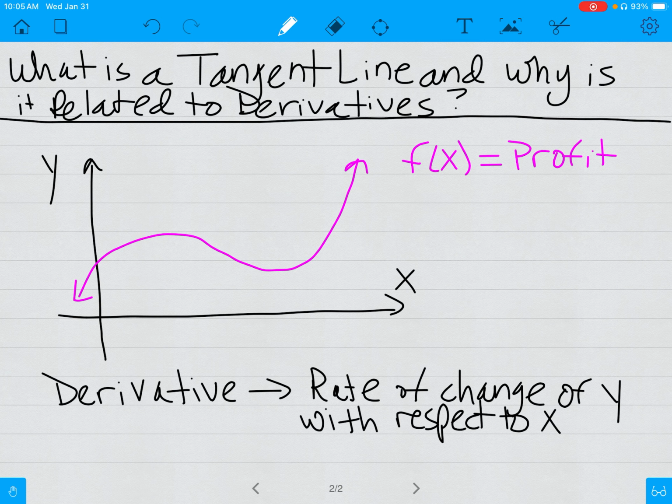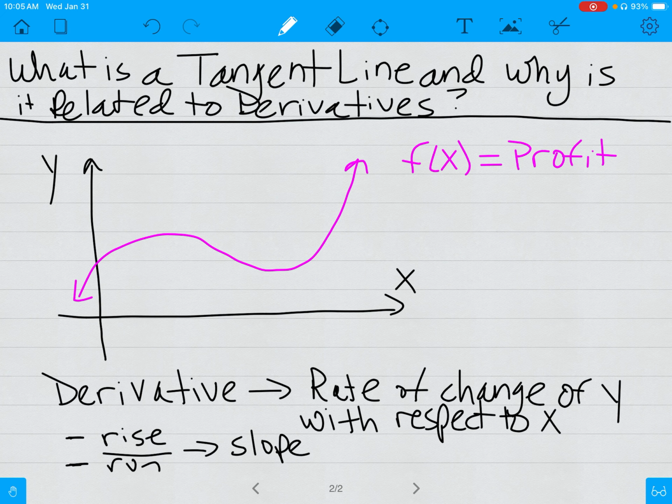And if that sounds familiar, if it sounds a little bit like rise over run, right? Change in y is the rise, change in x is the run, and in the past we've used that in slope formulas. That's actually totally related to what the derivative is and how it works.